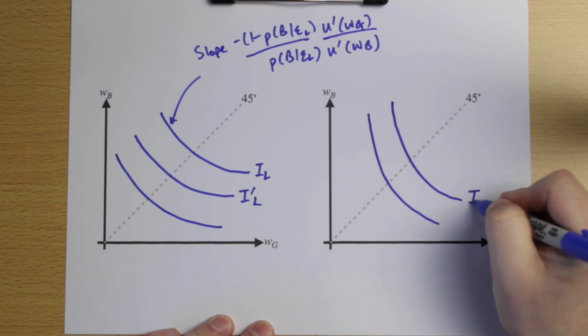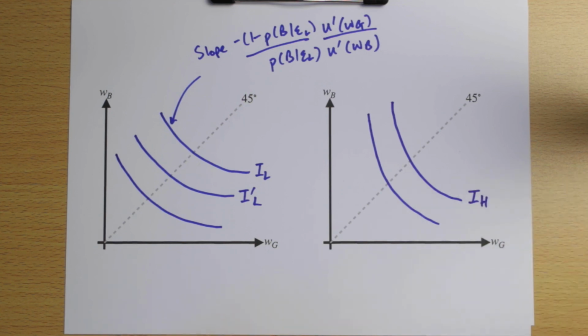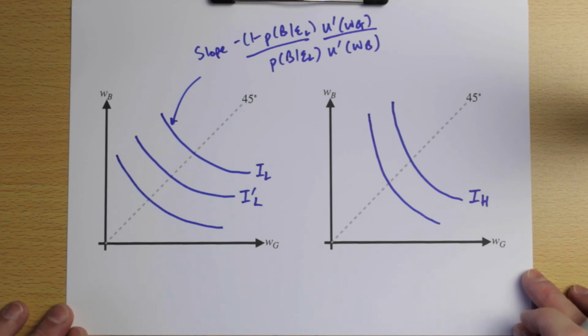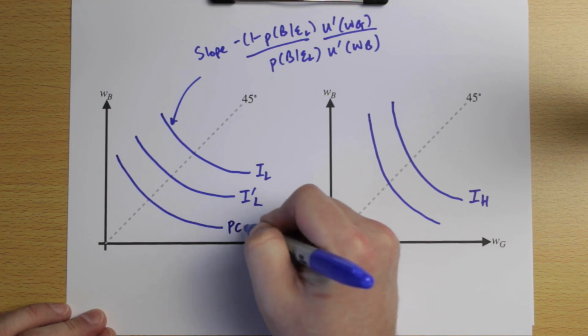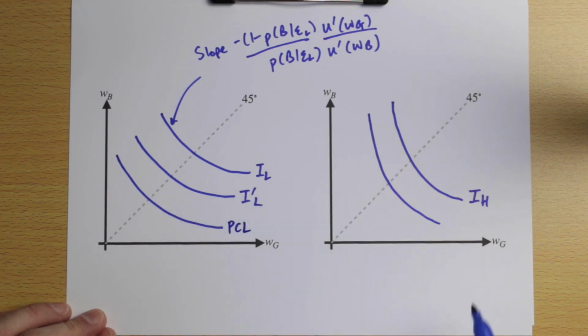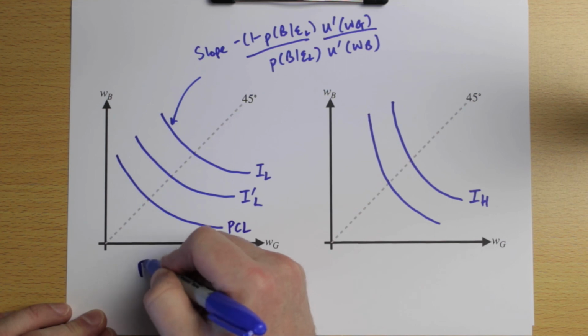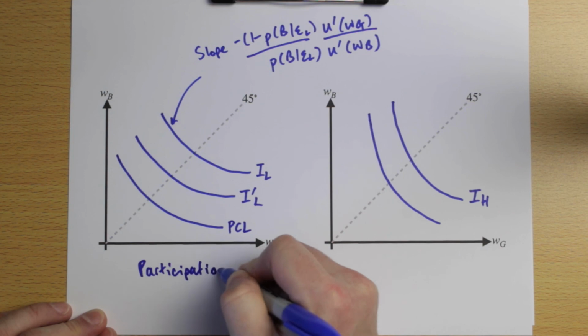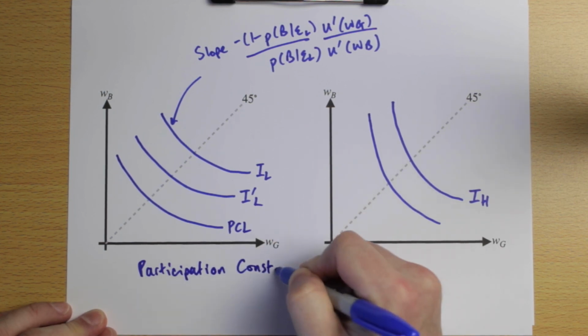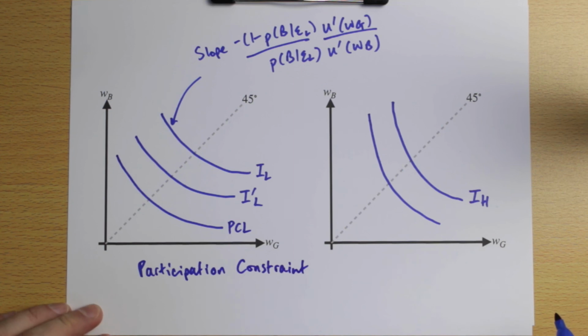Okay, so here is a typical indifference curve when the employee chooses to put in high effort. We haven't mentioned reservation utility yet. So where does that come into this? So essentially what we're going to do, we're going to label one of these. I'll label this PCL. And what we mean by that is the participation constraint for when the agent puts in low effort.